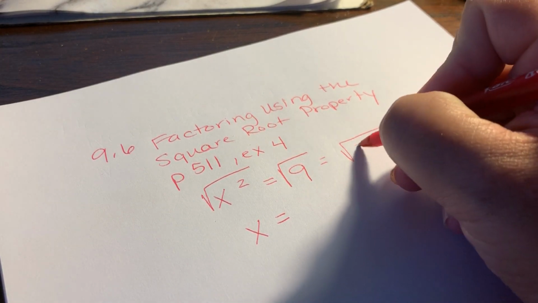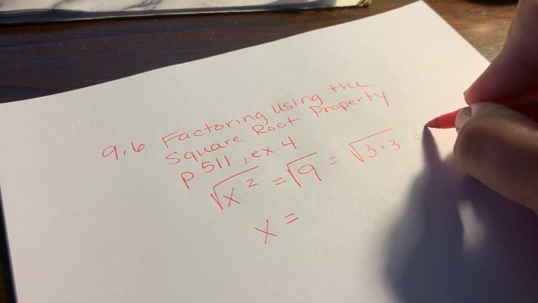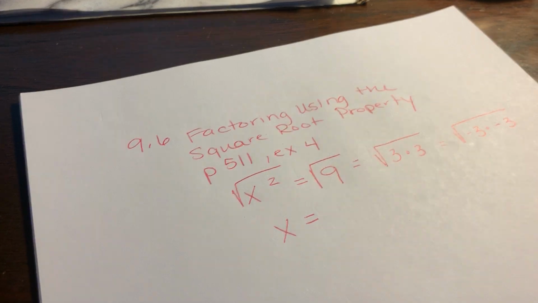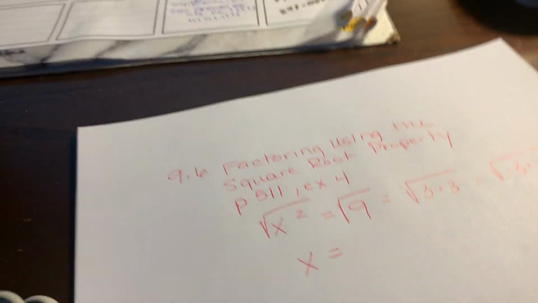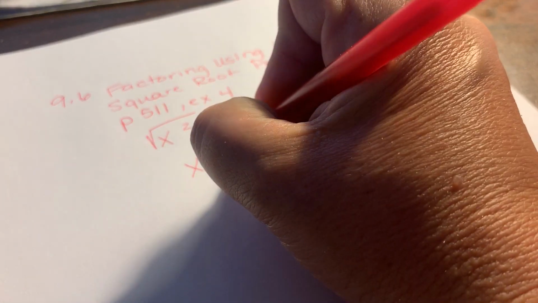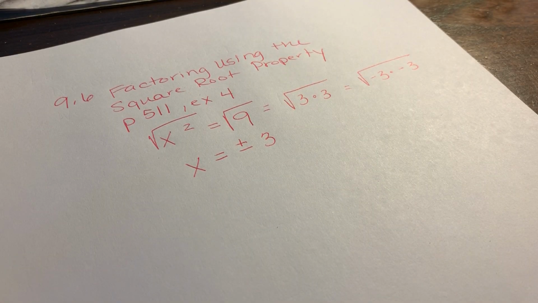Because I know that 3 times 3 equals 9, but I also know that -3 times -3 is +9. So therefore, when we are taking the square root of 9, it could be positive or -3. So if we don't know what x is, it could be plus or minus.